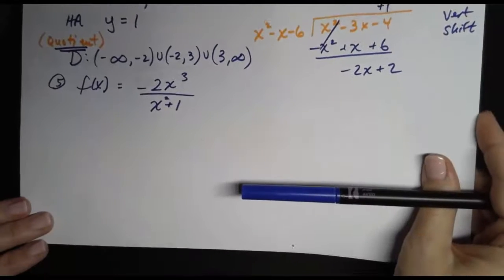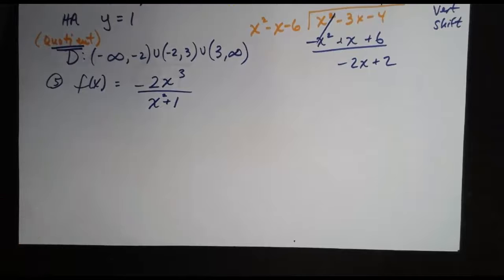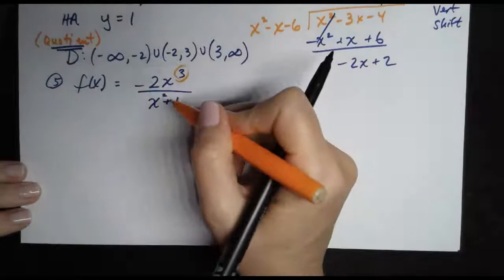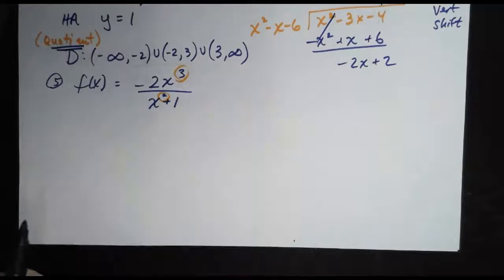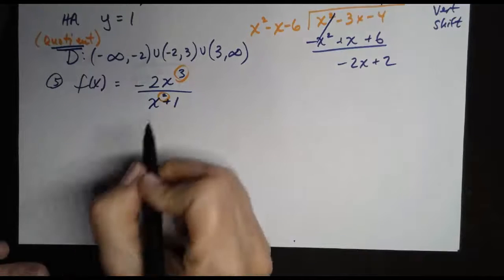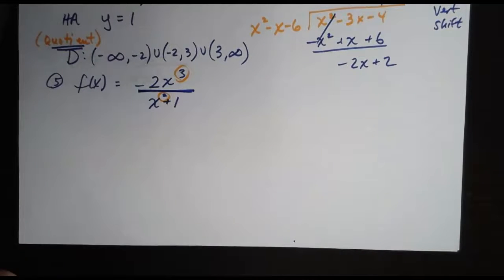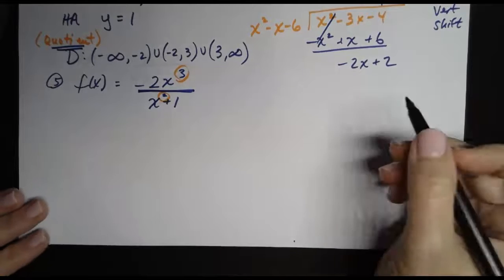Let's do it again with number 5. So, different situation here, because now the degree of our numerator is greater than that of our denominator. But once again, this is a rational function. So a rational function is begging for you to do division.